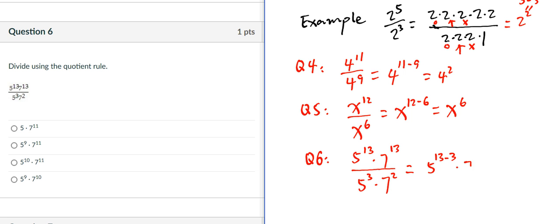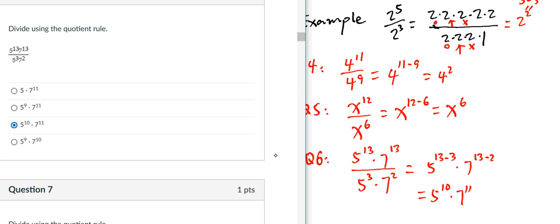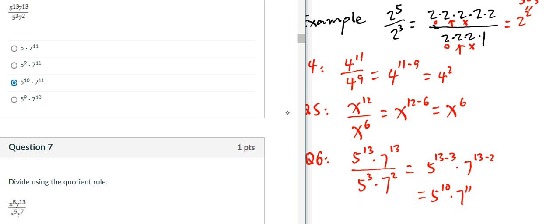For the 7, you then do 13 minus 2. So what do we get? 5 to the 10th power, 7 to the 11th power. That's it. So which one? 5 to the 10th power and 7 to the 11th power. Very easy.